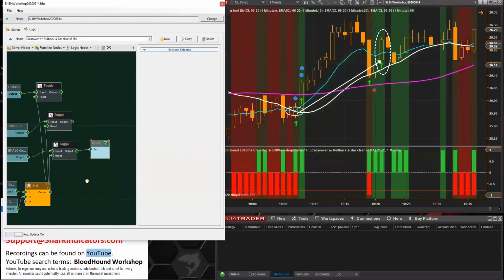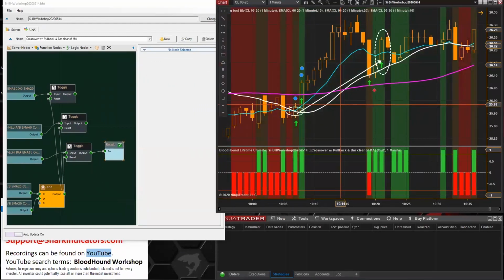Let's take a look at that. All right, so there we go. So this is our step number 3 bar here. And we're taking that and extending it forward until we get to the signal bar. And let's see, the signal bar.